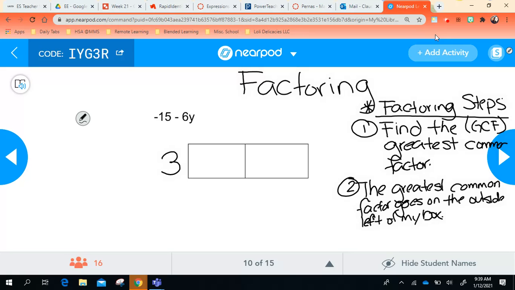And I'm going to run out of space for my steps, so I need to make sure you write it down before I erase and write steps 3 and 4. I think 3 fits here. So write the problem inside the box.